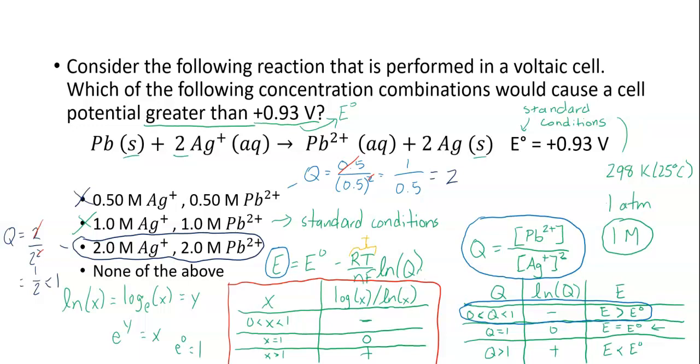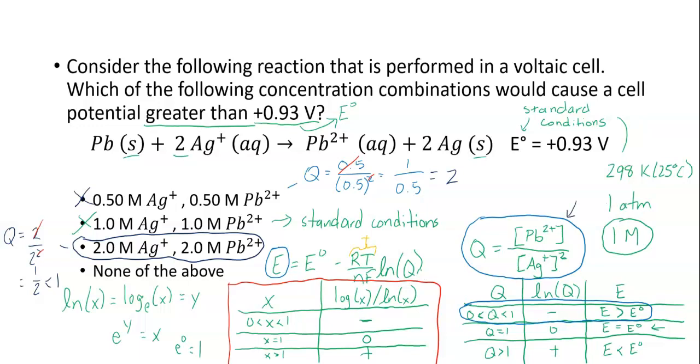So you have to be familiar with a lot of different things here. The Nernst equation, the relationship between when is the ln of q positive, when is it negative, when is it 0, and then also figuring out what q actually is in each case. And some people would just assume that since our concentrations are the same for all of these, that q would be equal to 1 for all of these. But as we see, that's not the case because our exponents in the q expression are not the same.